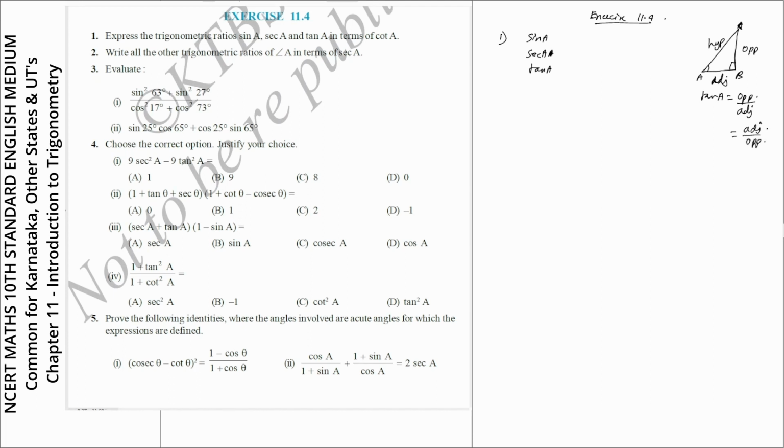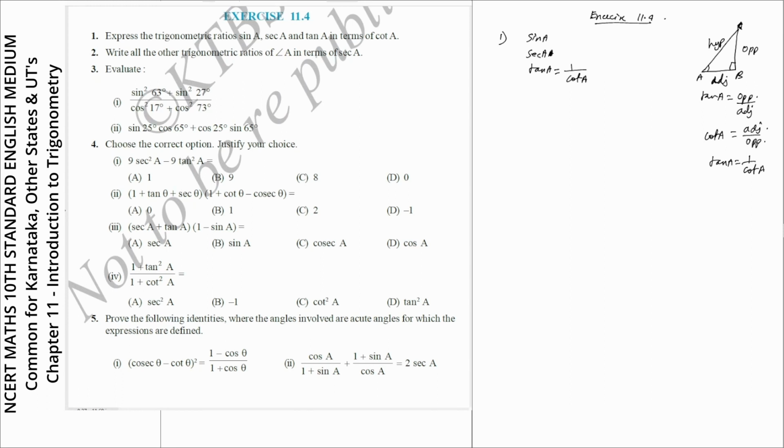Adjacent by opposite is nothing but cot A. So tan A and cot A are inversely related. Tan A is equal to 1 by cot A. Tan A is opposite by adjacent. Cot A is adjacent by opposite. So if I want to express tan A in terms of cot A, it is simply 1 by cot A. That's it.